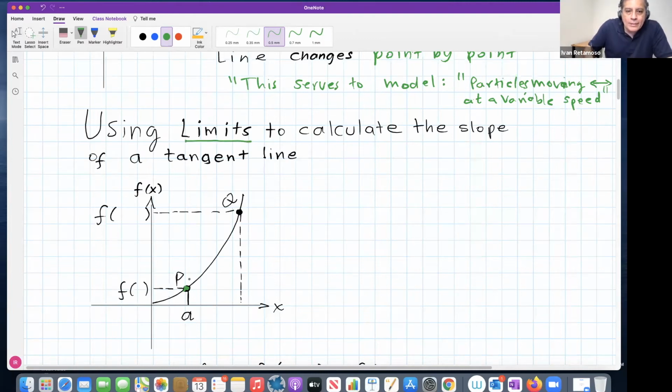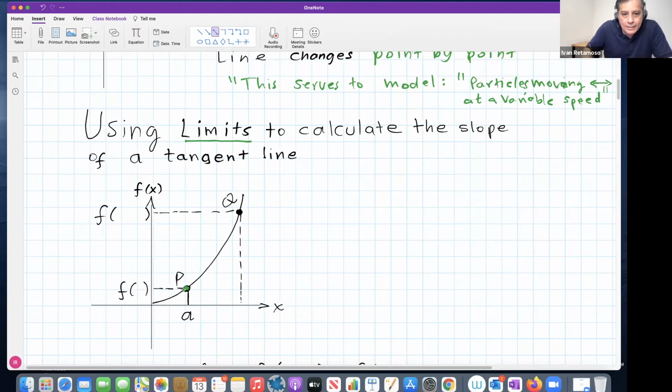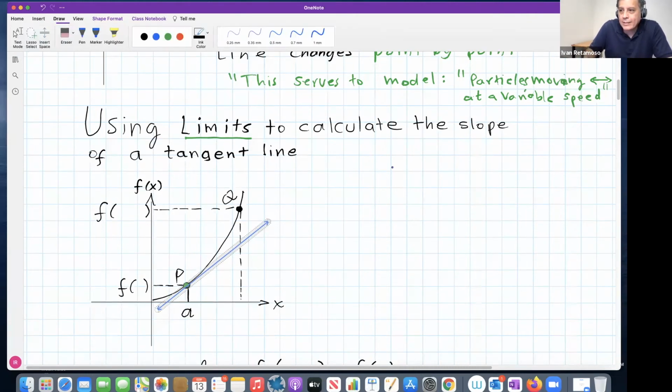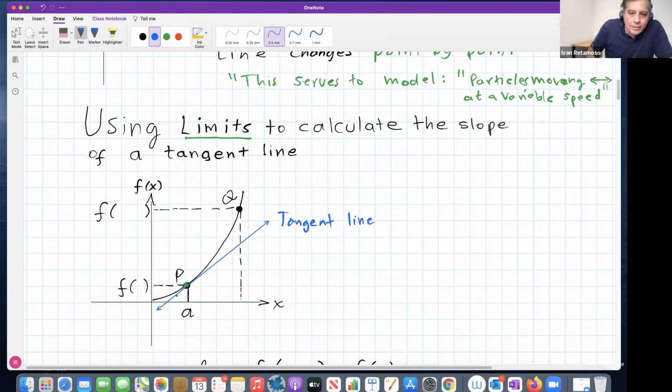How? Well, think of the following. The slope of the tangent line here should be this, right? The slope of this line. Let's call it the tangent line. You can compute the slope of this tangent line by computing the slope of secant lines.